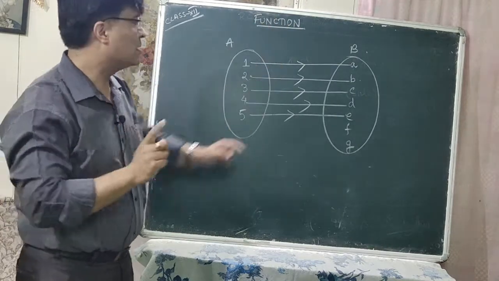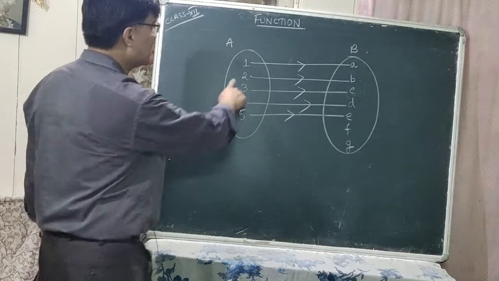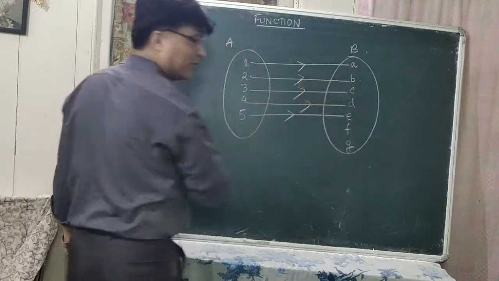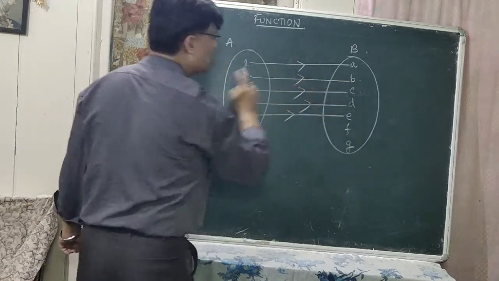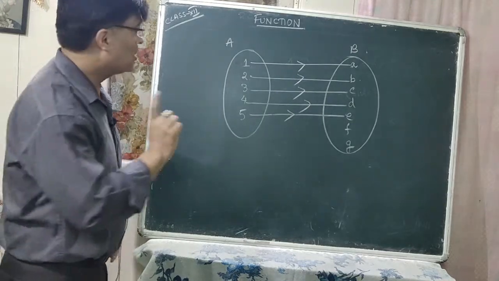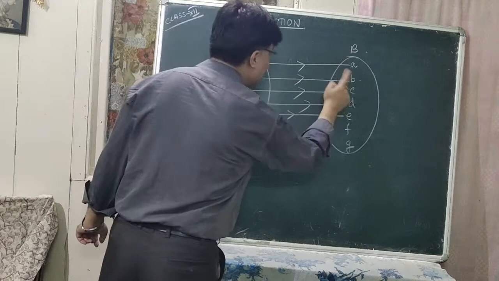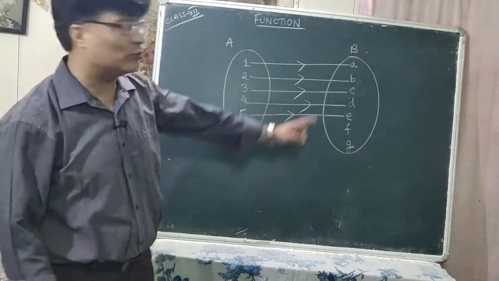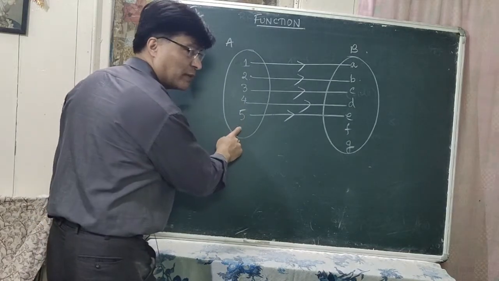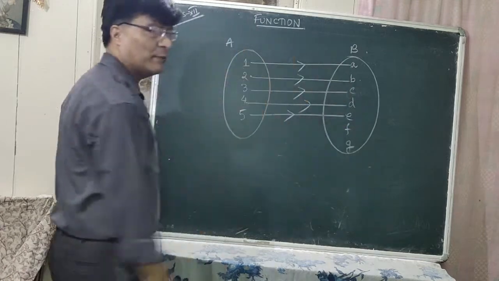This image should be unique, okay? त यो 1 को इमेज A छ, फेरि 1 को इमेज C हुँदैन. जस्तै 2 को इमेज B छ, फेरि यो 2 को इमेज D हुँदैन. ठीक छ. तर यो सेट A मा जति पनि एलिमेन्टहरु छ सबैको युनिक इमेज B मा हुनु पर्छ. प्रत्येकको हुनु पर्छ, कुनै पनि एलिमेन्ट सेट A मा छोडिएको हुनु हुँदैन, सबको इमेज B मा हुनै पर्छ.